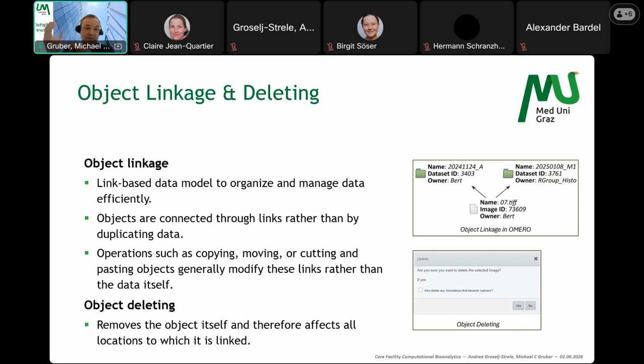For example, if you copy and paste the data, just links are created, and the links can point to several different locations, which helps to keep the used memory space at a minimum and to prevent the duplication of the data. However, if objects are deleted, then the objects themselves are deleted, and not only the links.